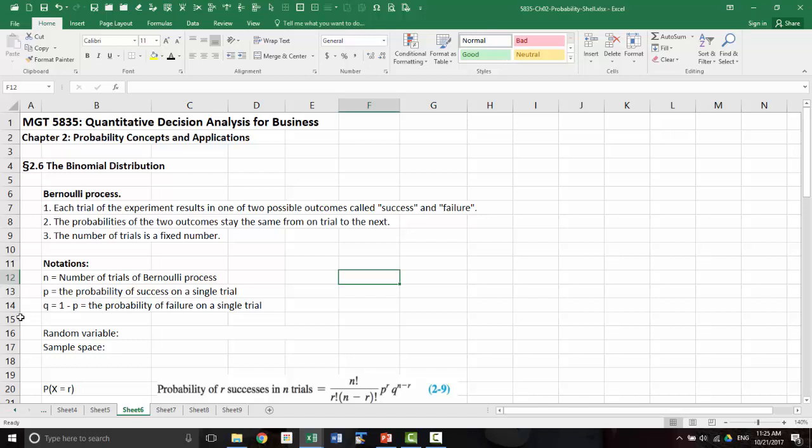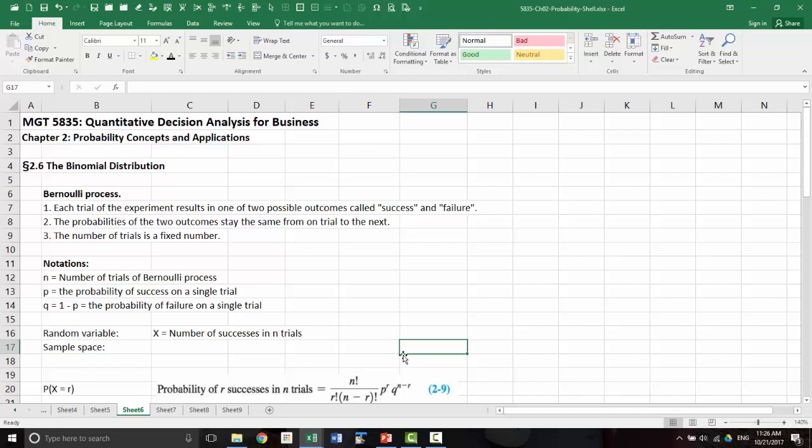So in that case, what is the random variable? The random variable here is defined as the number of successes in n trials. If you're going to do 5 trials, what is the probability that there will be 3 successes? Something like that.